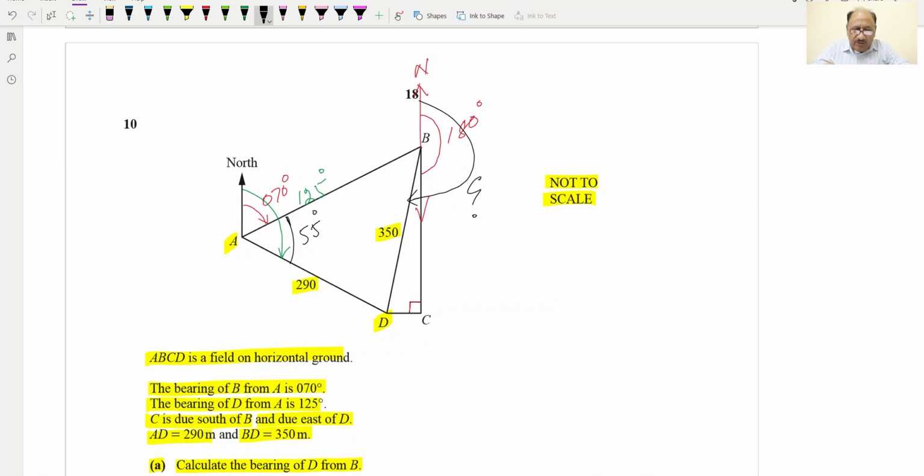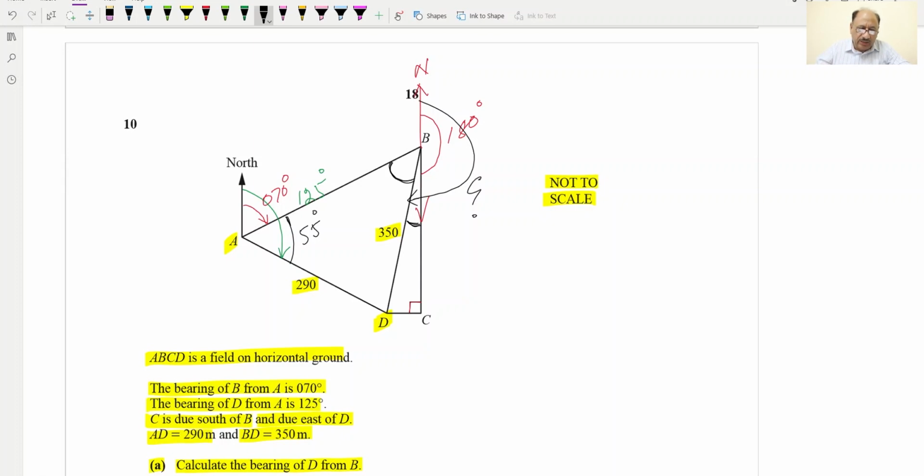We know 180 is a straight line. If we know this much angle, we will add it to 180 and we will get that angle. Or what else can we do? The second approach is we can find this angle.